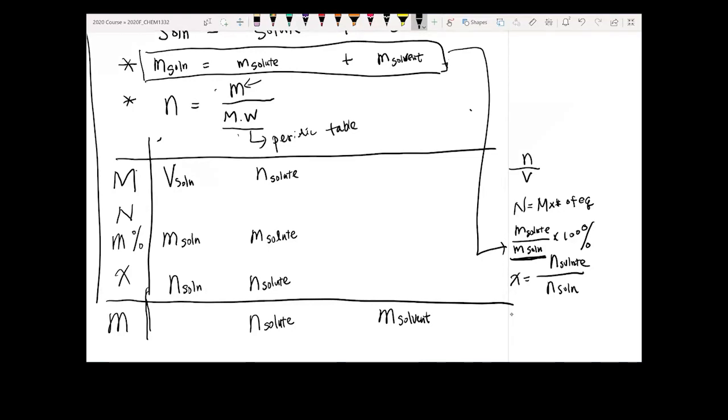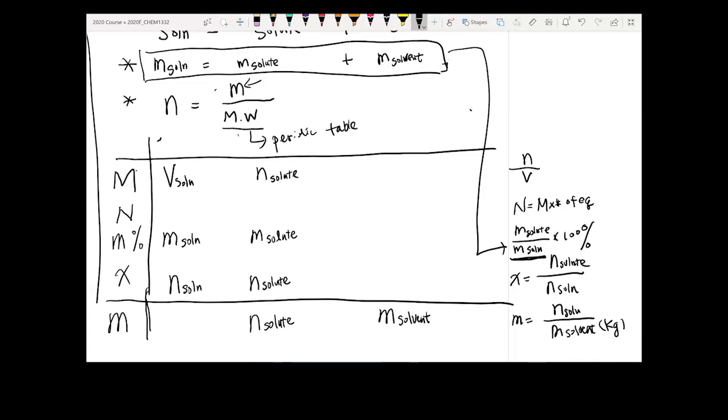So the molality is equal to the number of moles of your solute divided by the mass of your solvent, and here it is in kilograms. So this table pretty much summarizes all the calculations.